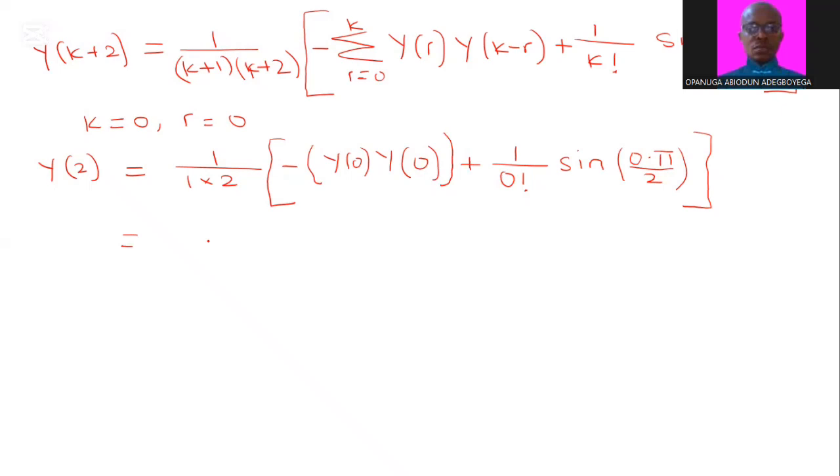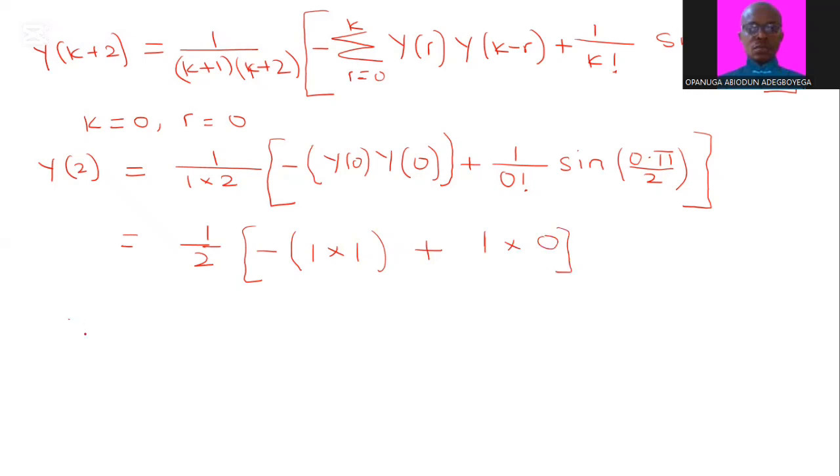So this gives 1 over 2 into negative, our Y(0) from the initial condition is 1, and then the other one is 1. So we have this plus 1 times 0, because sine 0 is 0.